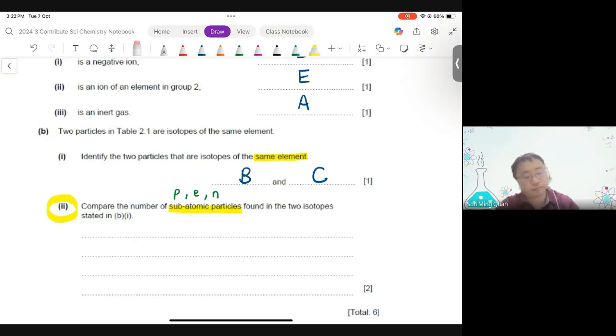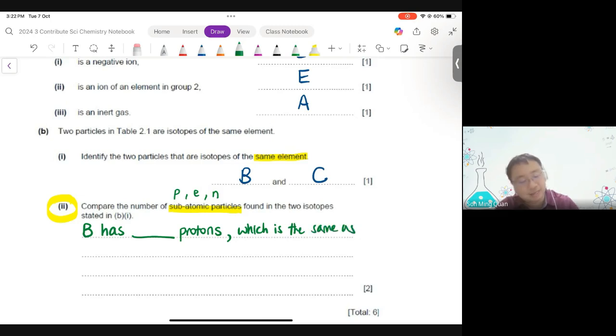So since this question used B and C, let's use B and C. So B has how many protons, which is the same as in C.